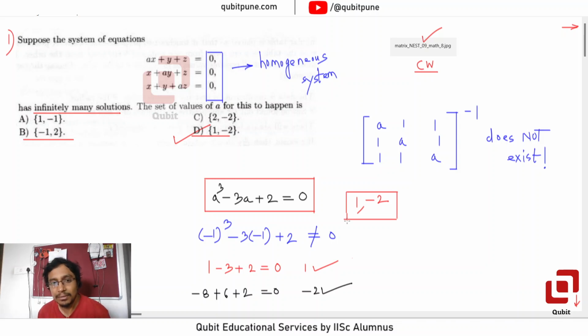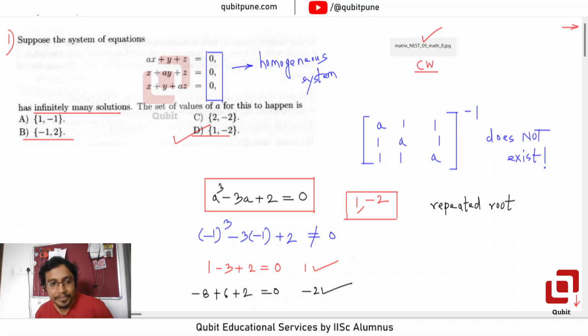It cannot be imaginary, because for a cubic with two real roots, the third must be real too. So that will be a repeated root, but what will be its value? Will it be 1 or minus 2? So how to check it?